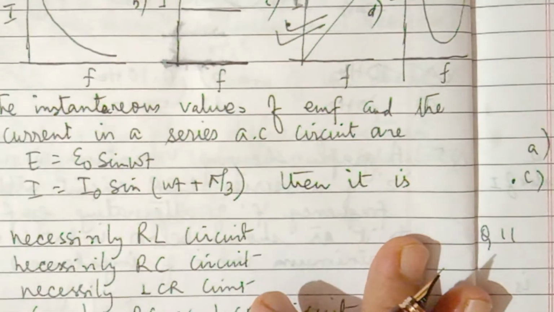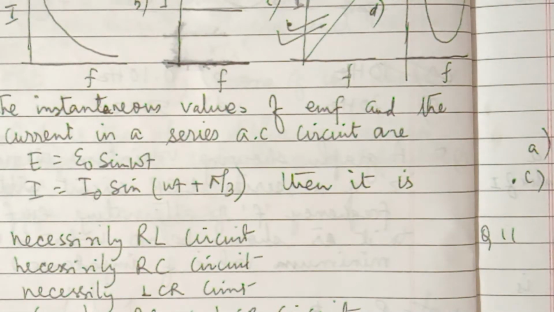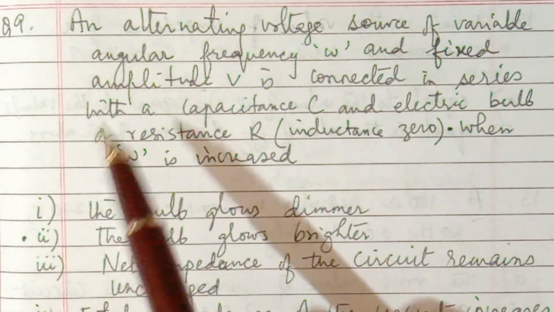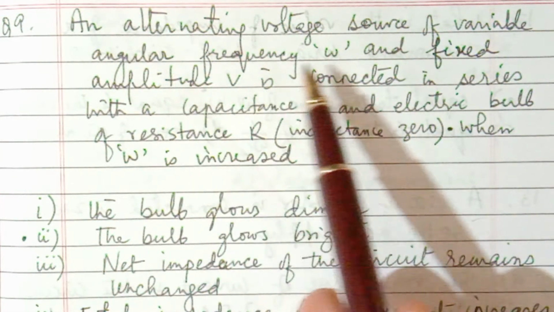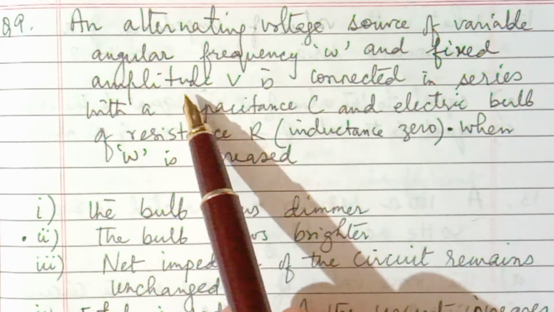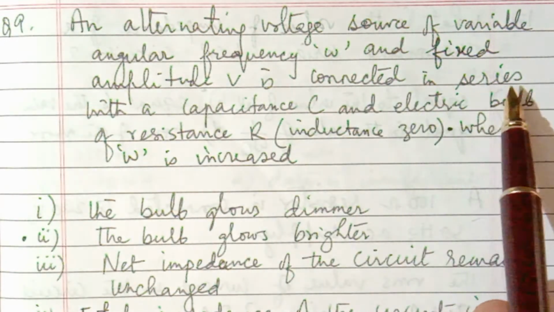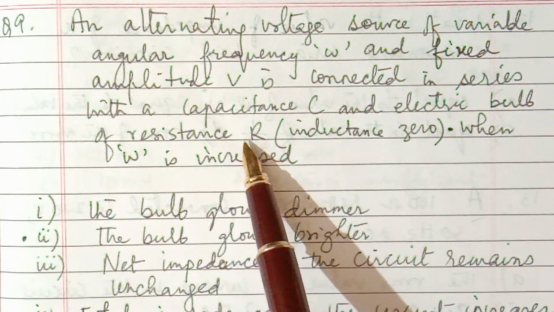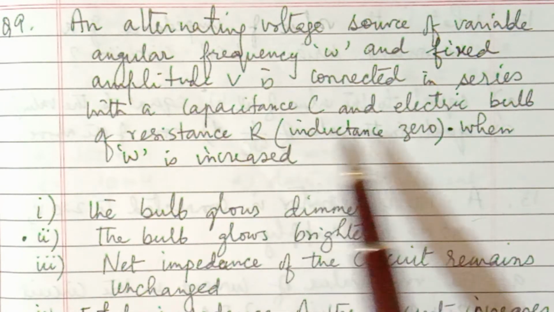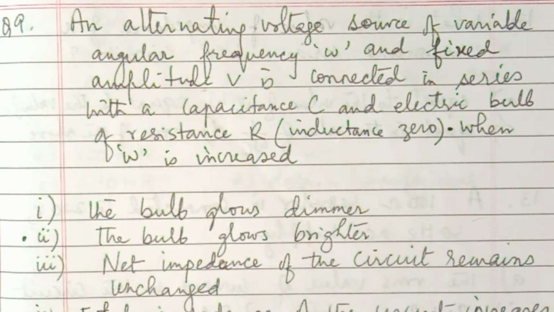Okay, so next question you can say, an alternating voltage source of variable angular frequency omega and fixed amplitude V is connected to series combination of capacitance and electric bulb of resistance R. So when omega is increased, now if you increase the omega, then what will happen?